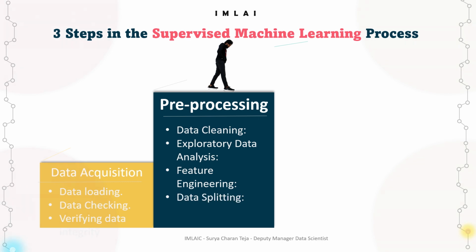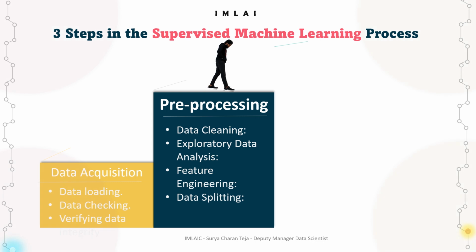Then we have data splitting. Data splitting is nothing but splitting your data set into two parts. One part is for training the model, or training the algorithm to make a model, and the second one is to test the trained model, or test the built model.